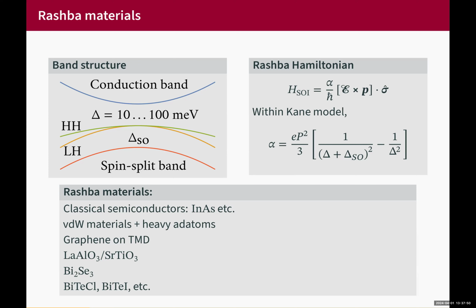Here is the band structure of a typical semiconductor like indium arsenide or gallium arsenide described by the Kane model, when you have a conduction band and you have several valence bands that are hybridized with the conduction band. There is a mixing between those bands. And this mixing gives rise to what is called in modern parlance, even if it is a bit imprecise, the Berry curvature.